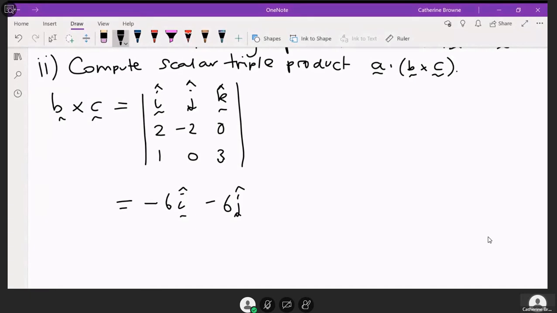And then the last one, we exclude the last column, and so it's plus 2 times 0, which is 0, minus 1 times 2, so it's plus 2k.